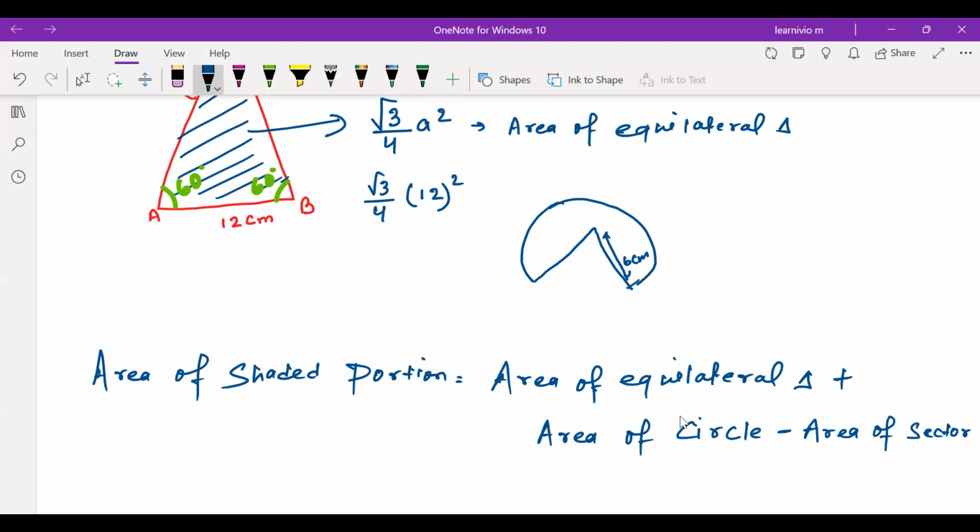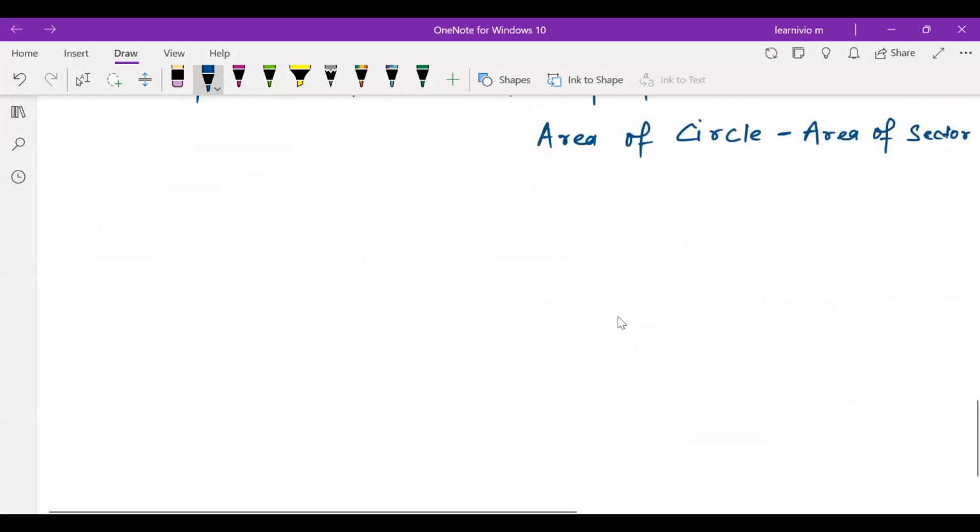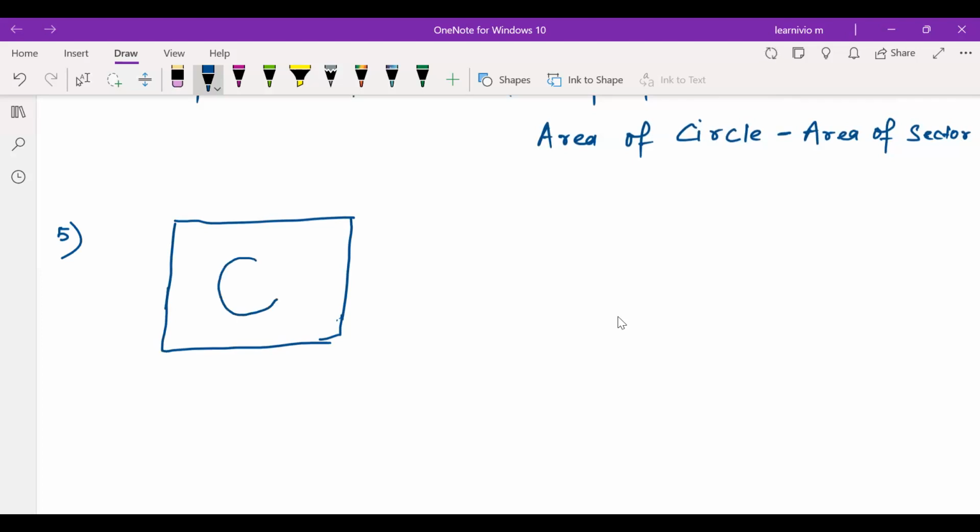In the next question, it's also very simple. Number 5. Here we are having a square. Here a circle is there. Not a semicircle.